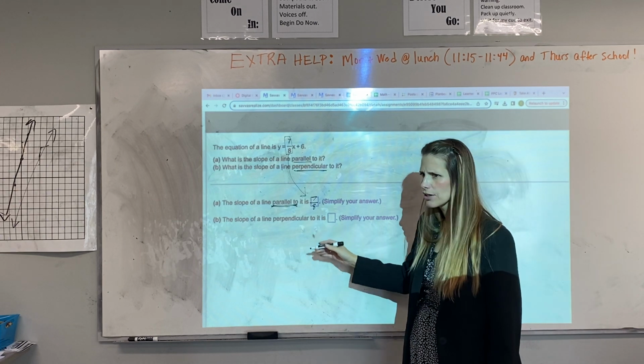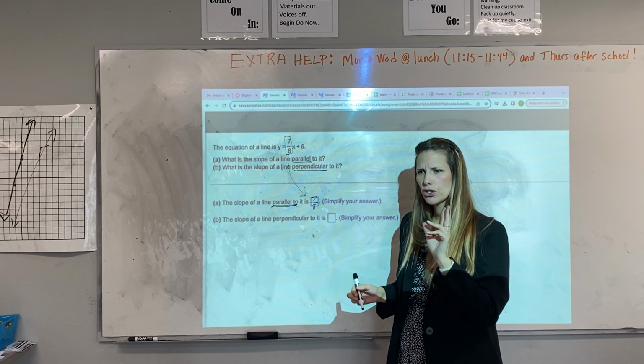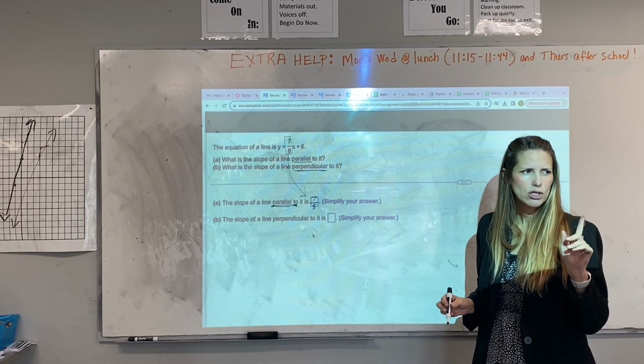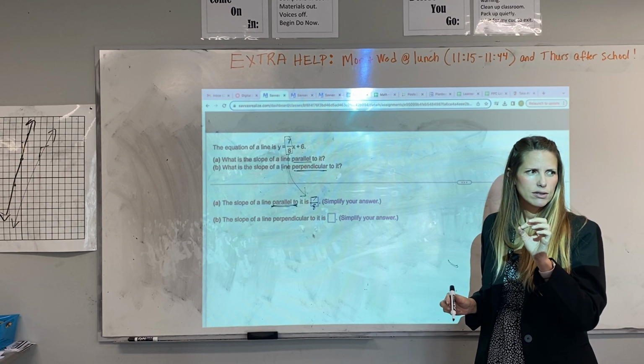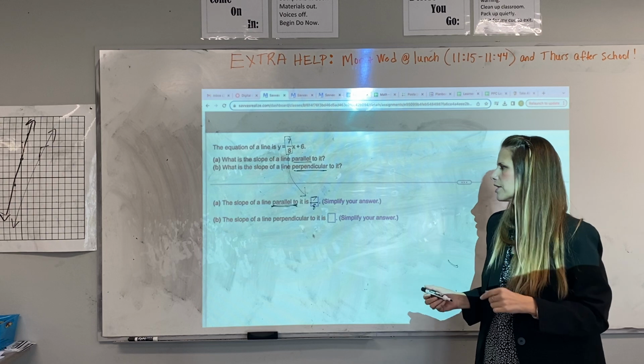Now perpendicular, it's going to be opposite in 2 ways. You were in my first period, right? Do you remember what it was called? The opposite starts with an R. Abby, do you remember? Yes, very good.